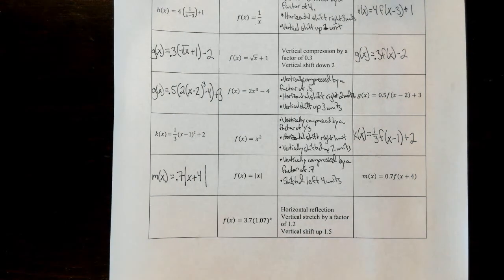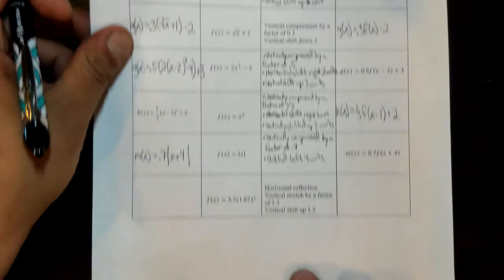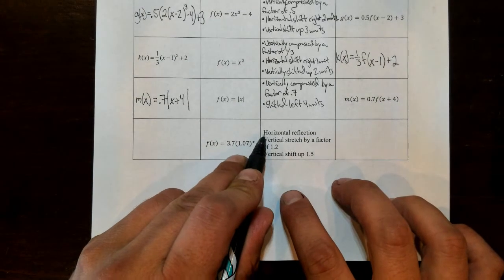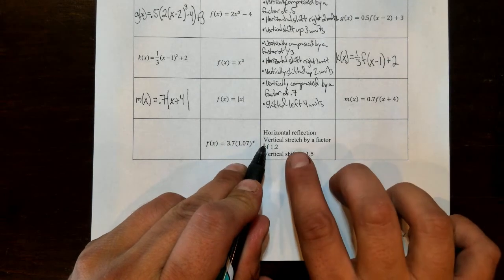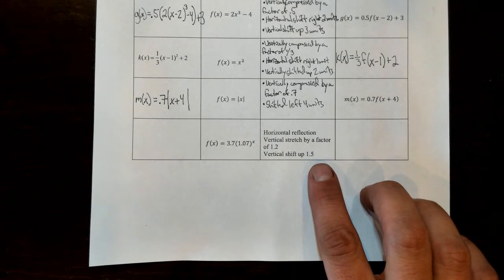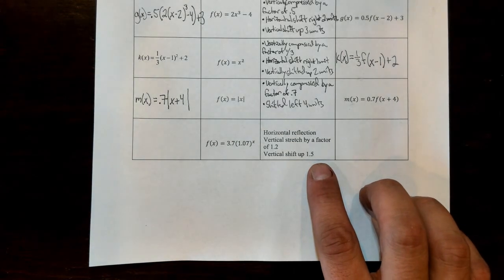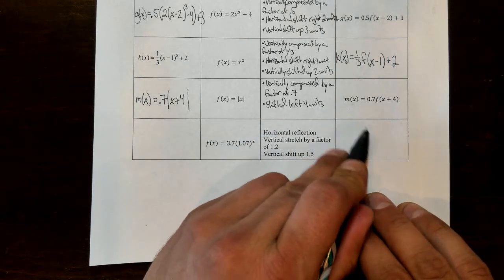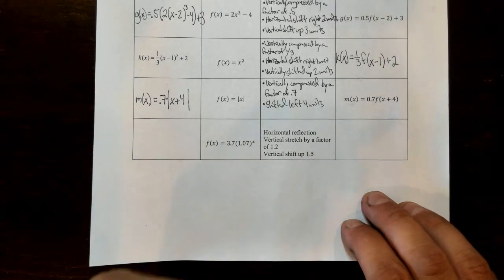All right, our last one. Here we go. A nice exponential for us. So we have a horizontal reflection. We have a vertical stretch by a factor of 1.2, and it's vertically shifted up 1.5 units. So let's talk about that in terms of the parent function first.